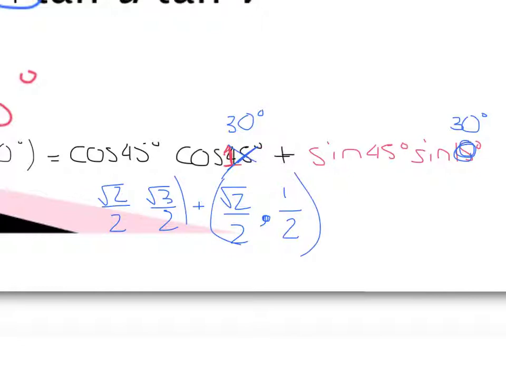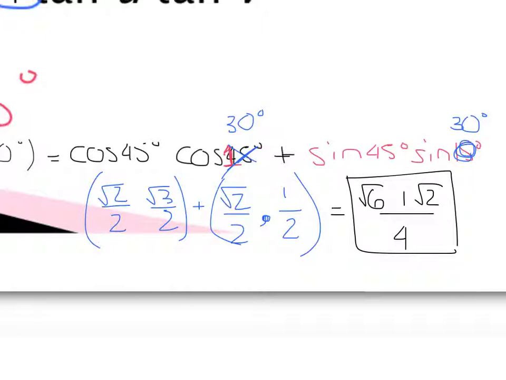So now I'm going to find the product of these two and add them. What do I end up with? I end up with root 6 plus root 2 over 4. And that's the exact value for cosine at 15 degrees. So that's exactly what we're going to do. We're going to manipulate angles so that we can use the unit circle to find the exact value using the sum and the difference formulas.